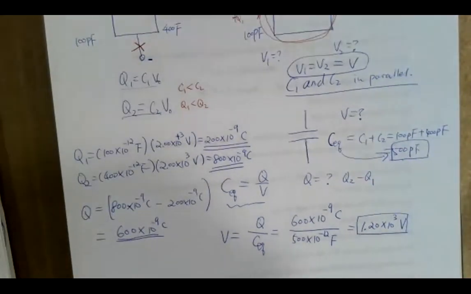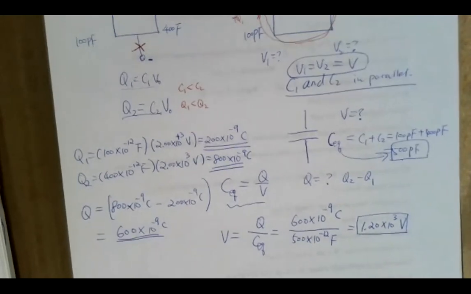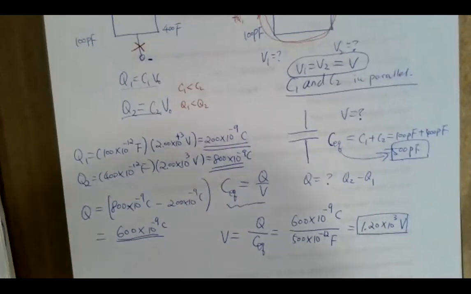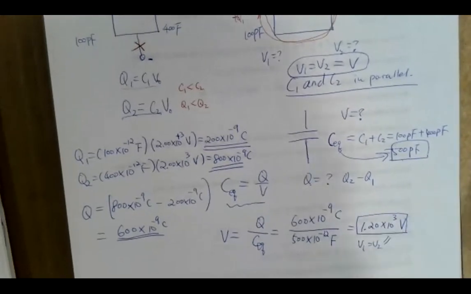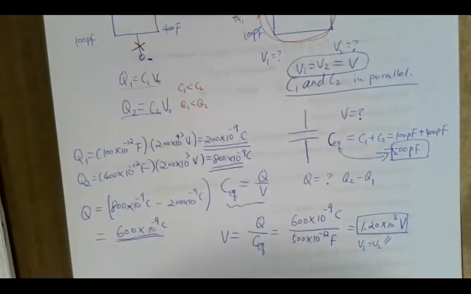That should be your final voltage after the charge being redistributed, okay? So V1 equals V2 equals this guy. Both the potentials across the two plates are equal to each other.